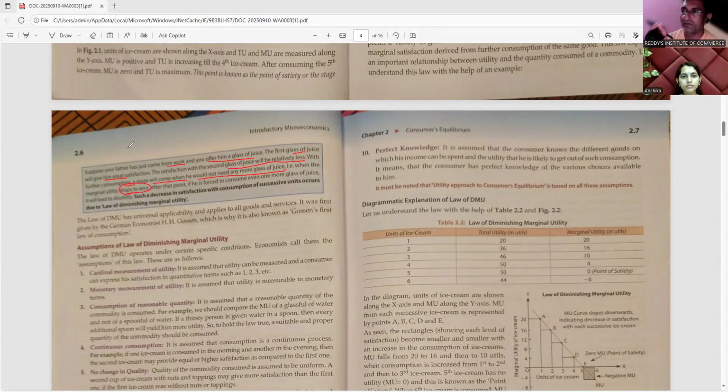When your satisfaction level is finished, then your utility becomes zero. After that point, if he is forced to consume even one more glass of juice, it will be disutility.